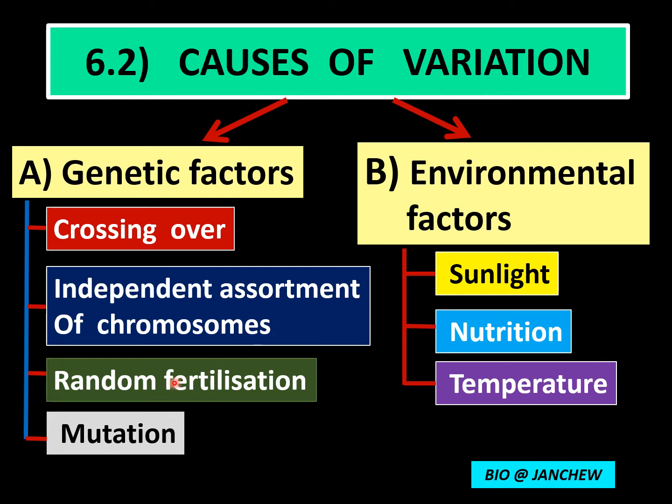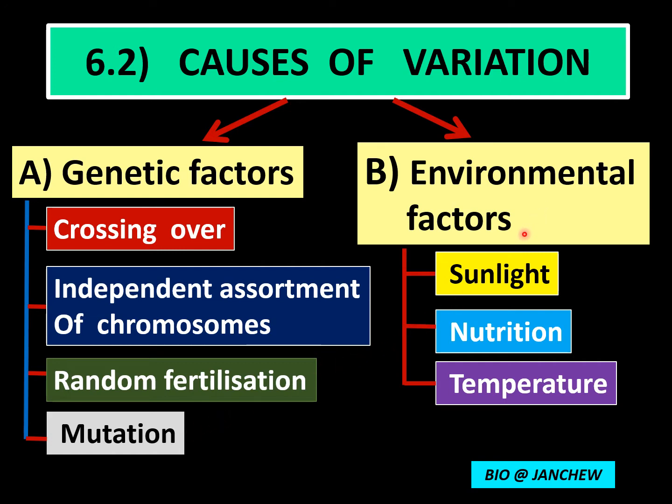And then there is random fertilization in the process of sexual reproduction. So these three events will produce new combinations of genes in the individuals. Fourthly, there is one more factor, which is mutation, that can produce new genes which can be inherited.